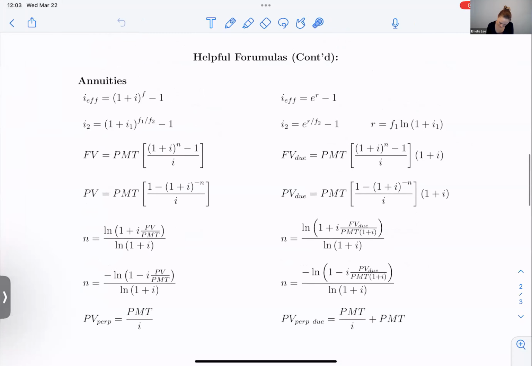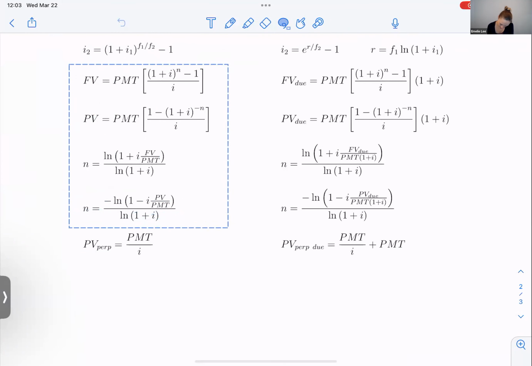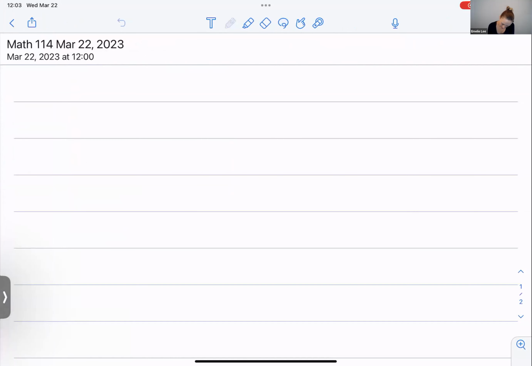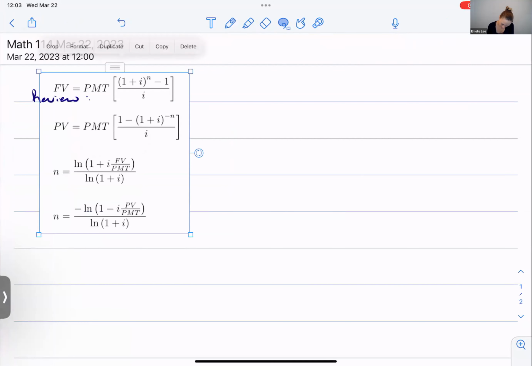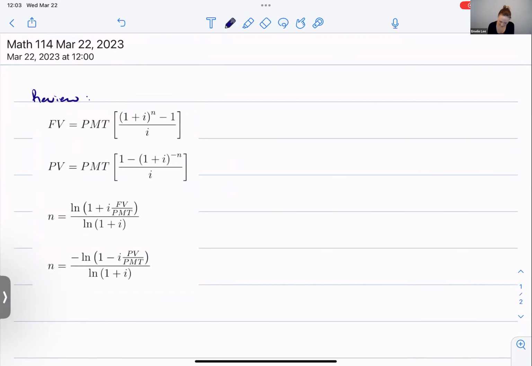So in terms of review, we introduced these formulas here. We introduced annuities, which are regular payments, and we're going to call these ordinary annuities.